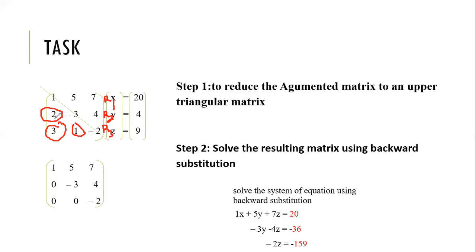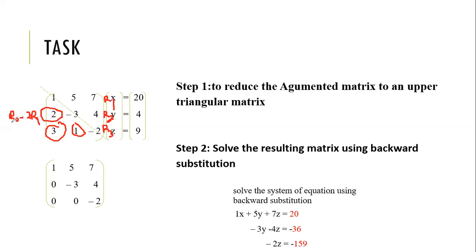This is 2. For 2 to become 0, all you need to do is multiply row 1 by 2, and then subtract it from row 2. So you need this operation, which will be row 2 minus 2 times row 1.